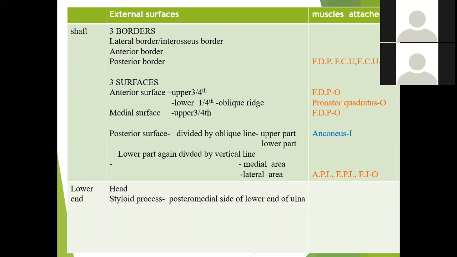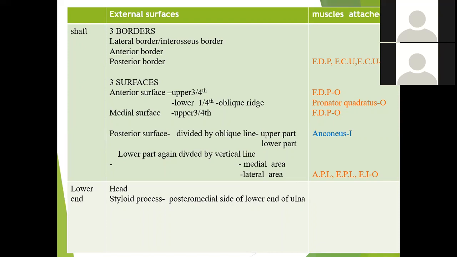How is it complicated? It is not an even area, not a plain area. Instead, it is divided by an oblique line. This oblique line divides the posterior surface into an upper part above the line and a lower part below it.